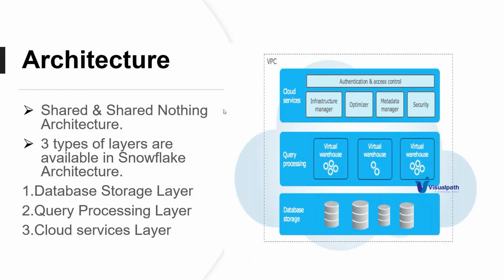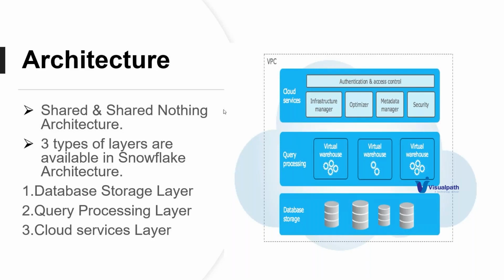These are the generic architecture types, and we need to justify whether Snowflake, or any other data warehouse, fits into either shared disk architecture, shared nothing architecture, or both. So these are the two benchmark architecture types, shared disk and shared nothing. How Snowflake fits into shared disk, shared nothing, or both, we will see here.